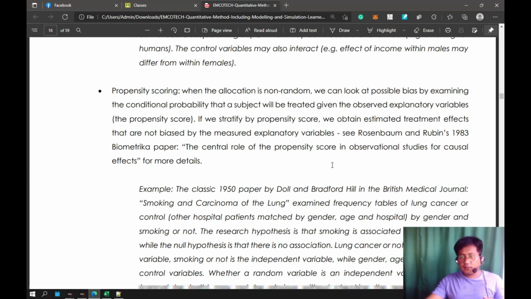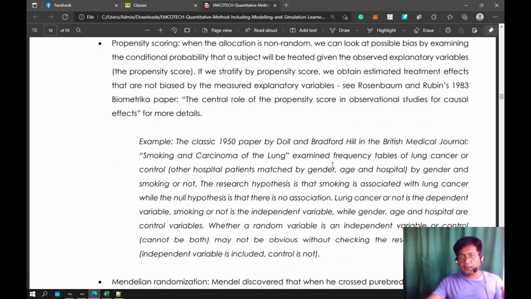For this, we can use the 1983 paper of Rosenbaum and Rubin in Biometrika, The Central Role of the Propensity Score in Observational Studies for Causal Effects. That would be our reference if you want a more detailed explanation of propensity.